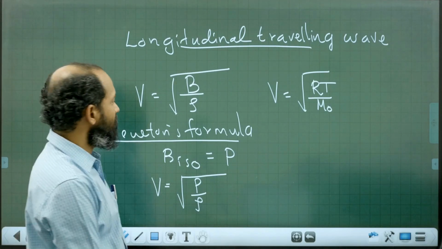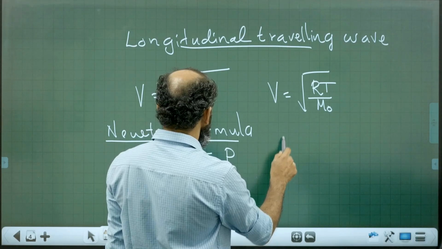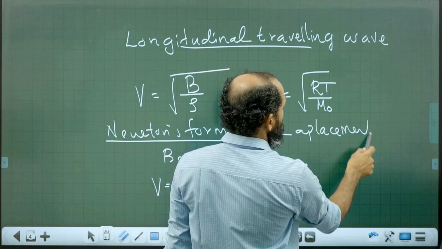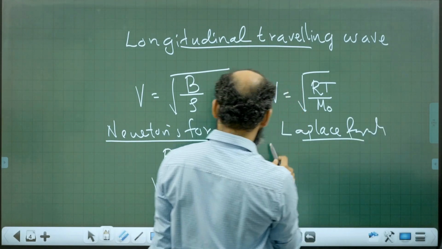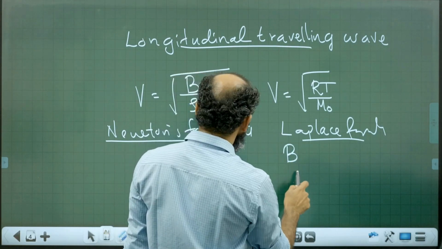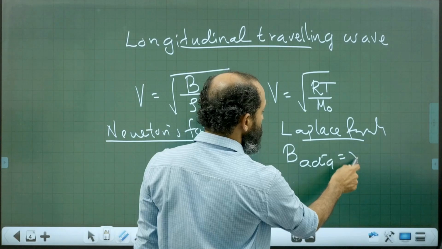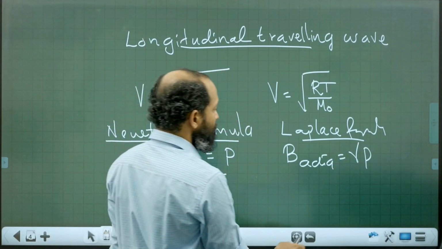For that reason, Laplace formulated a new one called the Laplace formula. As per Laplace formula, the bulk modulus is adiabatic. Adiabatic bulk modulus is equal to gamma times initial pressure, where gamma is Cp by Cv, the ratio of specific heats.